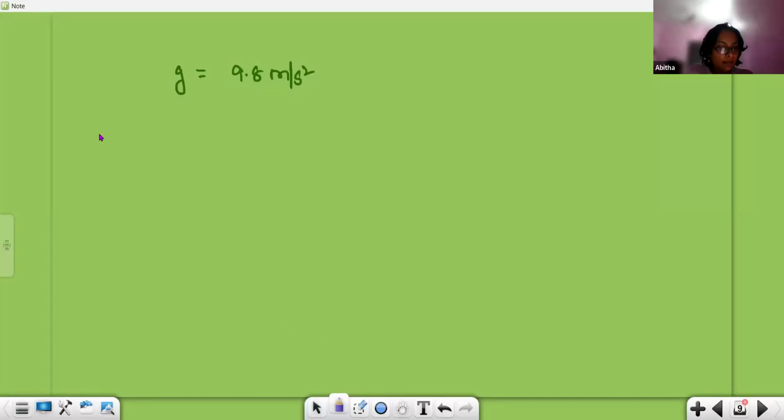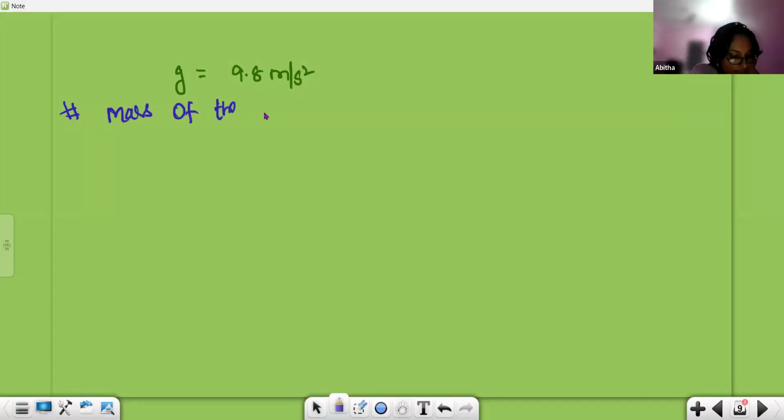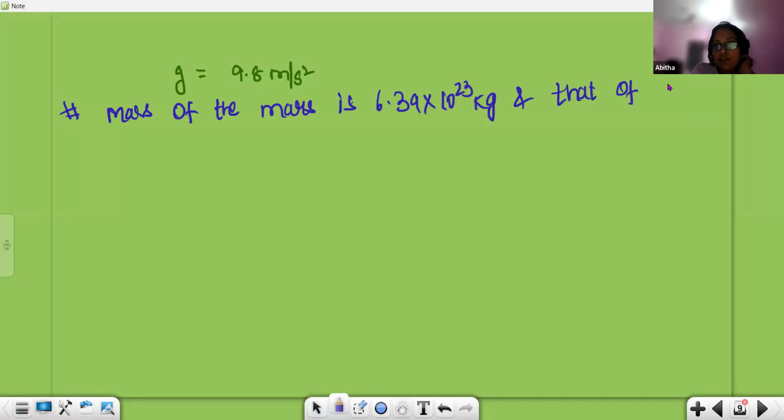Let's do a numerical. The mass of Mars is 6.39 into 10 power 23 kg, and that of Jupiter is 1.89 into 10 power 27 kg.